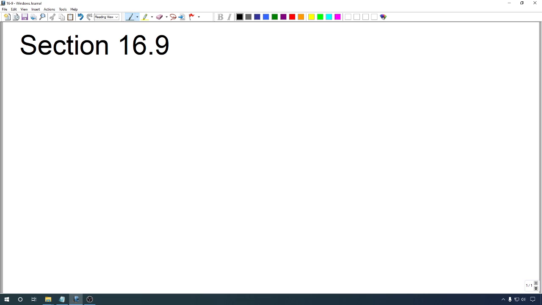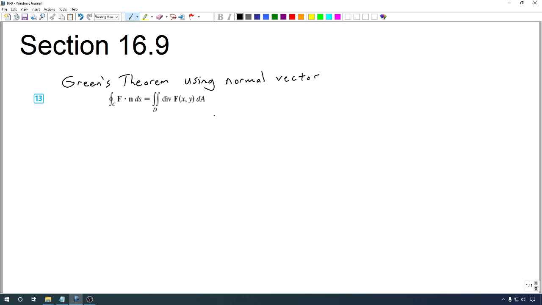Recall back in section 16.5, after we introduced the divergence, we showed that Green's theorem can be written as this, where we have the line integral over some curve C of F dotted with n, the n being the normal that points outwards.